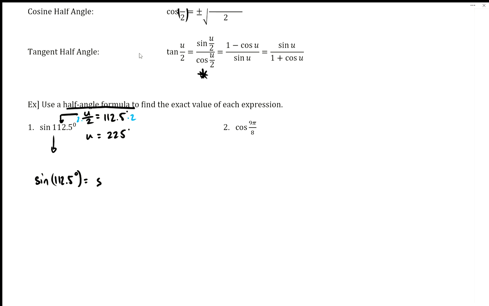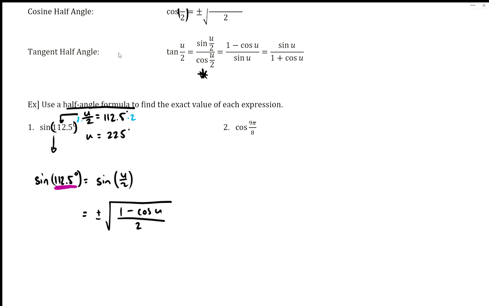Okay, so what I like to do on these problems is say the u over 2. So I'm saying that whole 112.5 degrees was u over 2. And then I like to rewrite the whole formula out, just directly like it is above. So plus or minus square root of 1 minus cosine of u over 2. And then immediately we're going to choose the sign.